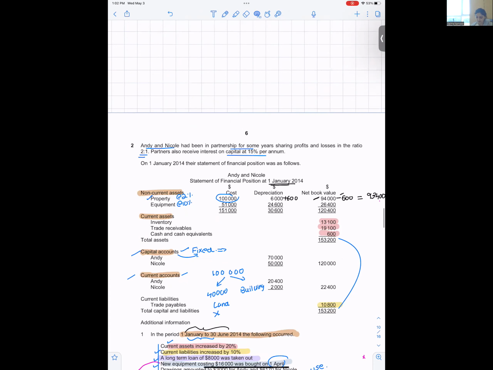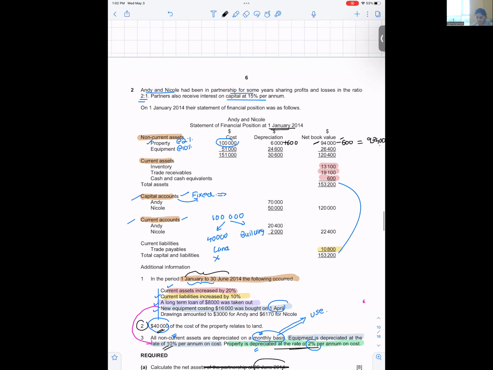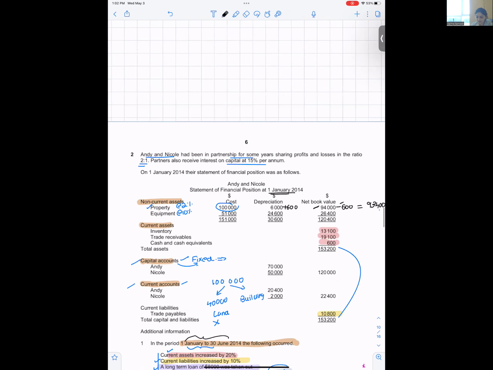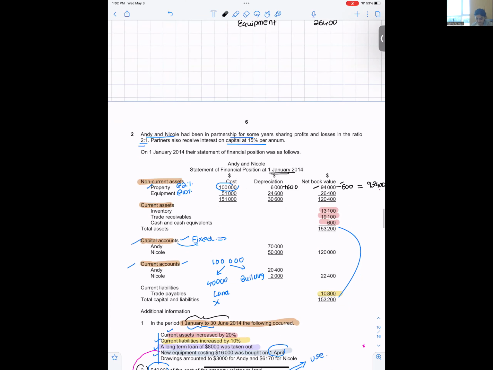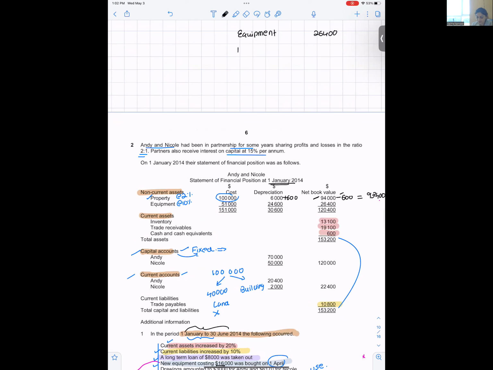Now let's talk about equipment. 26,400 is the value of equipment. You have purchased another equipment of 16,000. So I am going to purchase another equipment of 16,000.